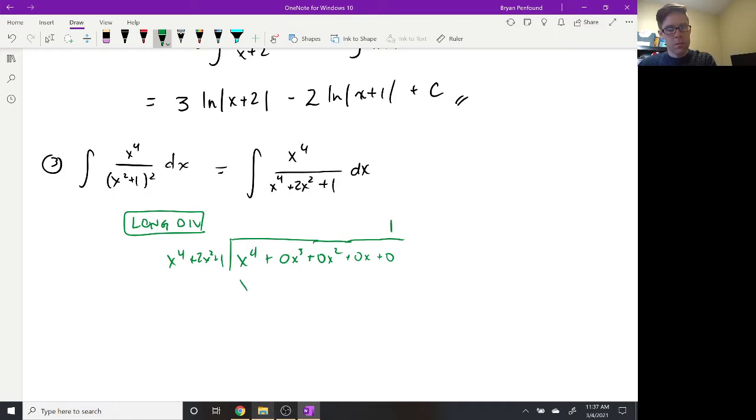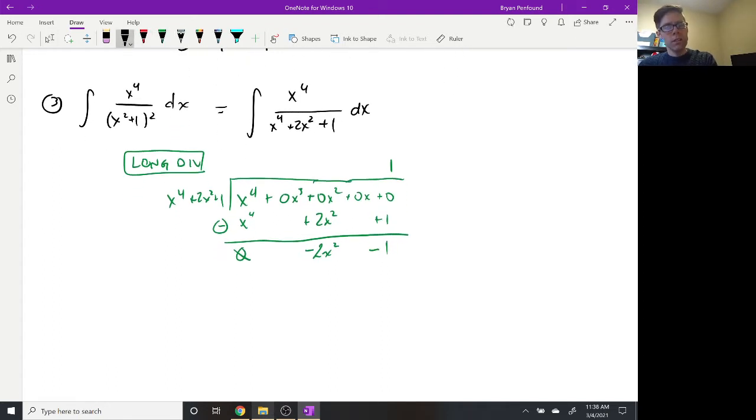So 1 times x to the 4, 1 times 2x squared, and then 1 times 1. And then we're going to be going through a subtraction step here at the bottom. So we do get 0 here. We get 0 take away 2, so negative 2x squared, and 0 take away 1.